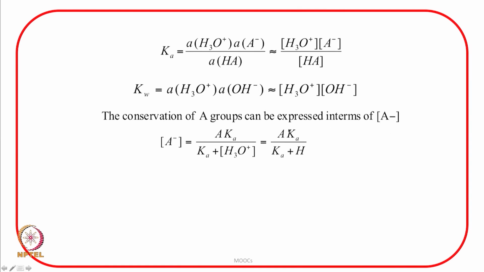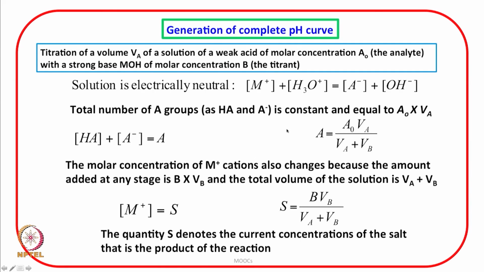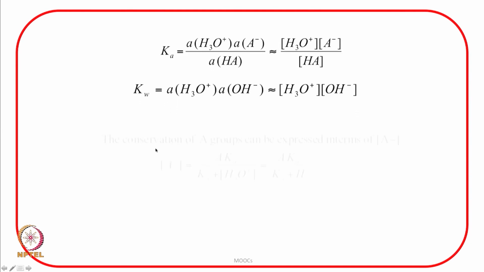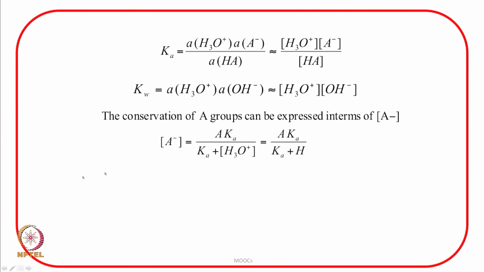The conservation of A groups, remember that if I go to one of the previous slides, I was writing HA plus A minus is equal to A. So, by using these equations, I can get an expression for A minus in terms of the acidity constant, and in place of hydronium ion concentration allow me to write only H. H means H is the hydronium ion concentration.